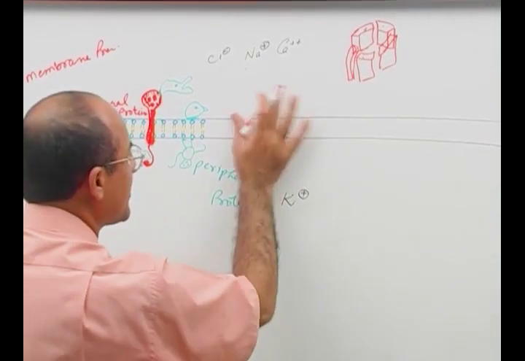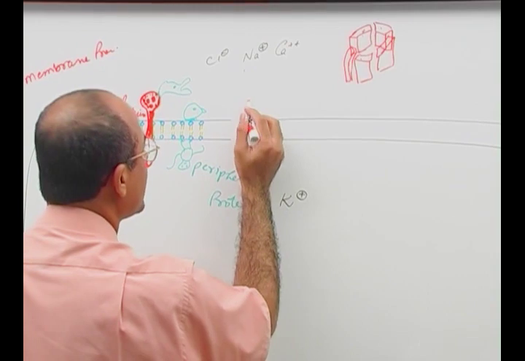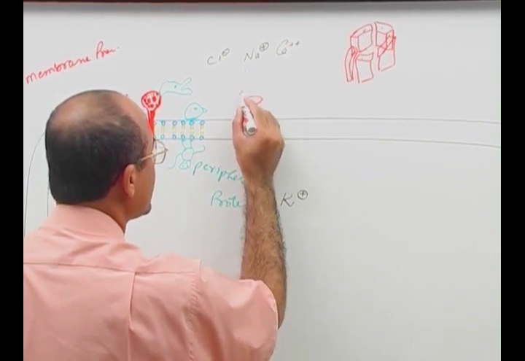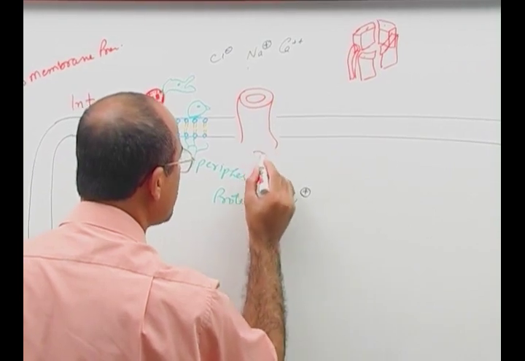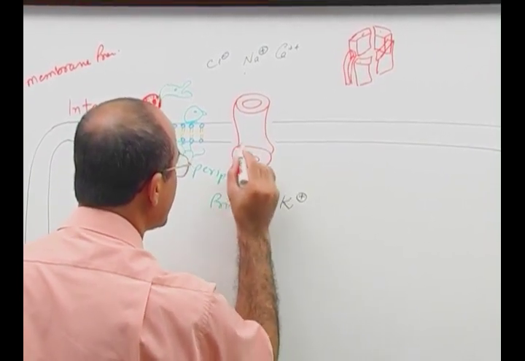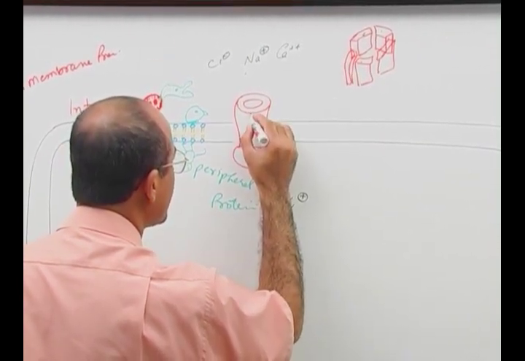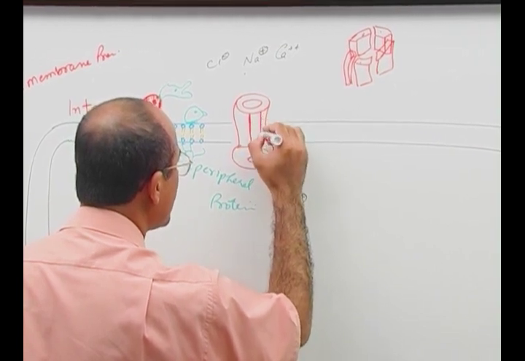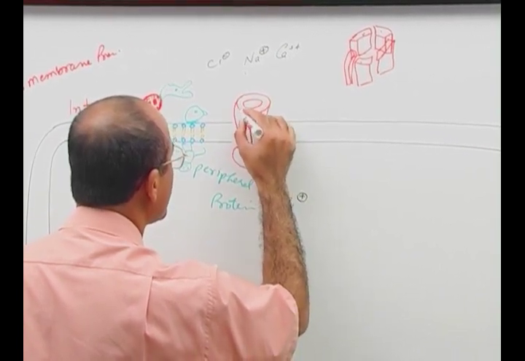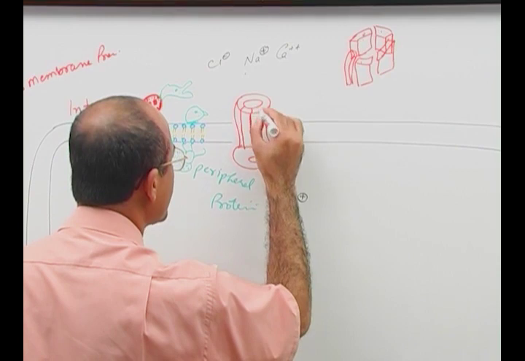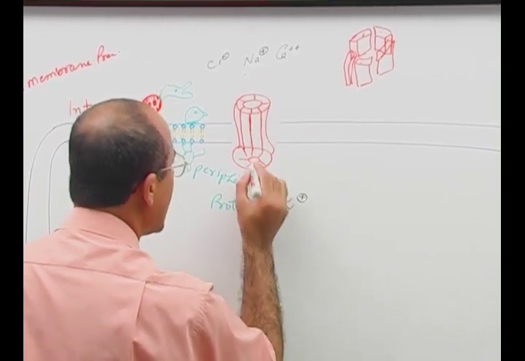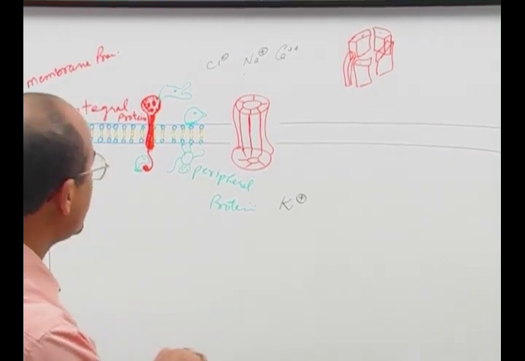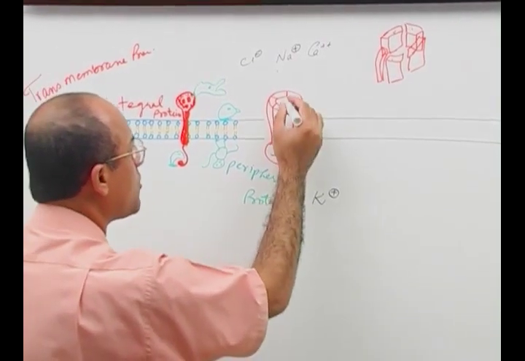Such channels are present in cell membranes. These channels are made of what? Carbohydrates, proteins or lipids? These channels are made of proteins, amino acids. And in this channel, this central area is full of what?